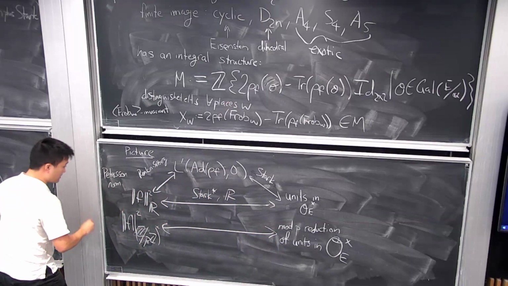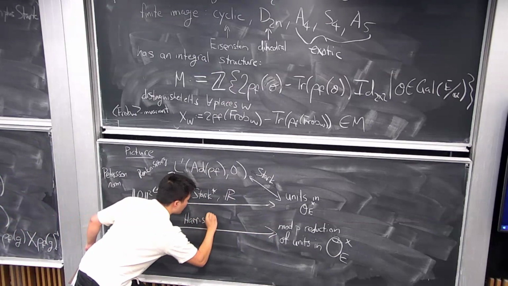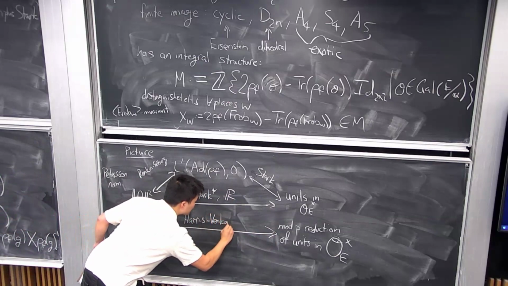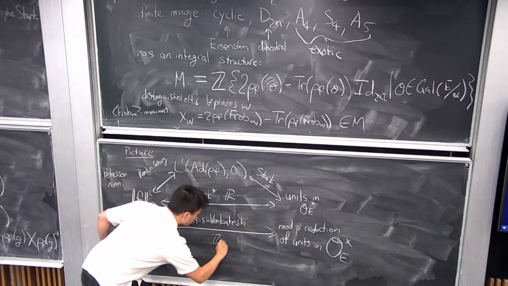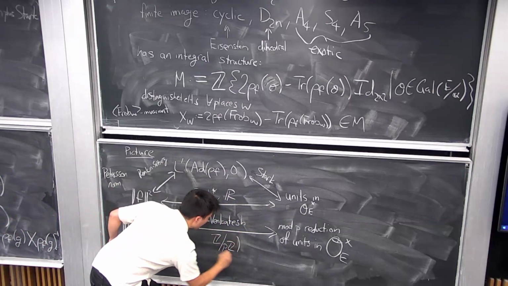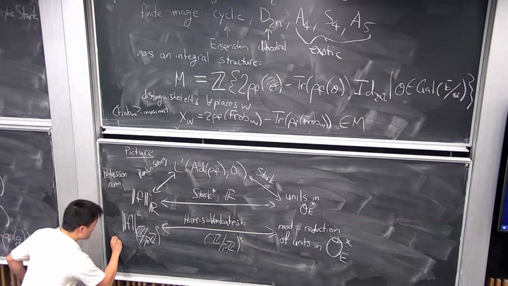This will be the Harris-Venkatesh conjecture, and this is a mod P thing. And I will call this HV, for Harris-Venkatesh.